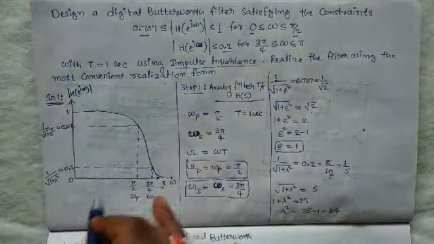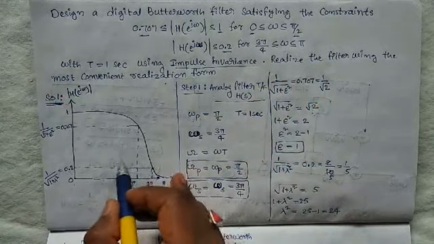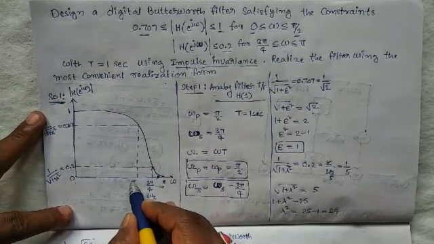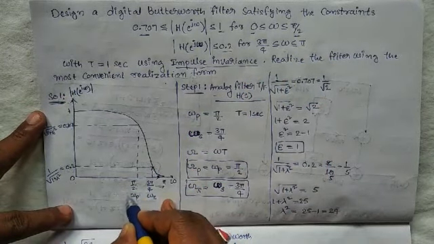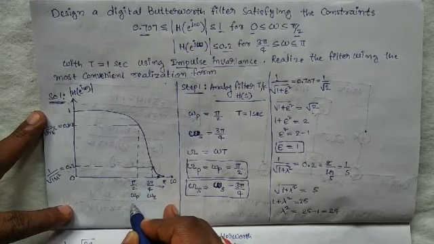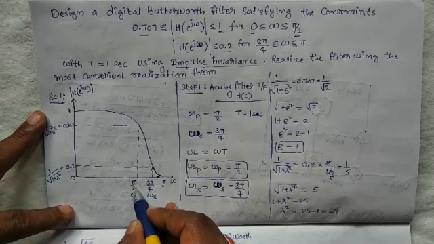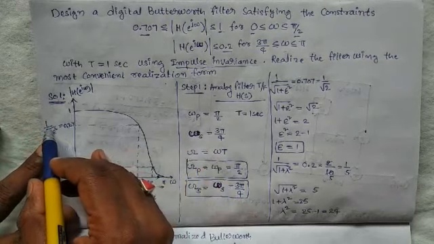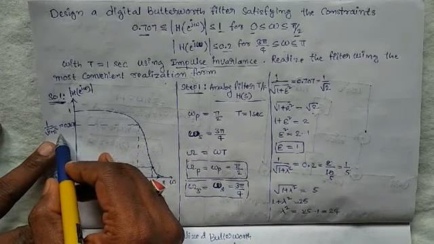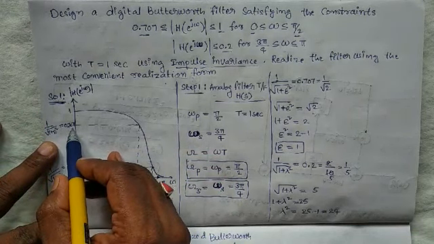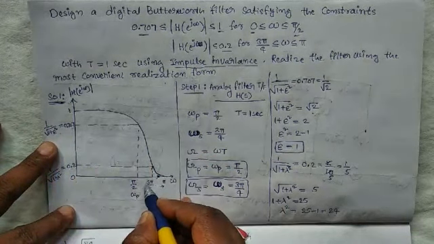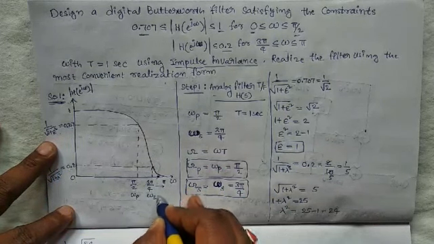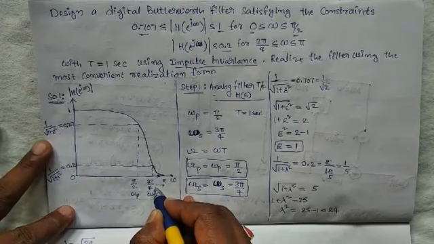From the idea of the Butterworth low pass filter, this frequency indicates what? It is the pass band frequency, that is, ωp is equal to π/2. At this frequency the magnitude is 1 by square root of 1 plus ε², which is equal to 0.707. Similarly, this is the stop band frequency, ωs is equal to 3π/4.